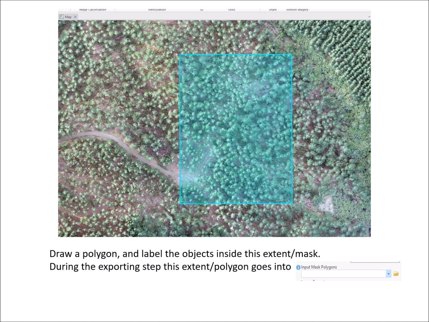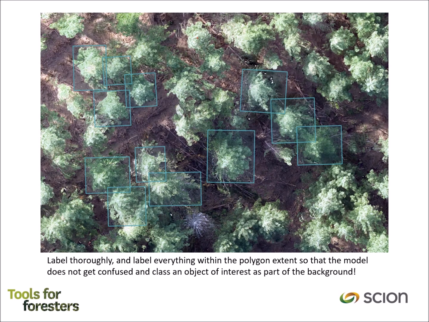And during the exporting step, this main polygon goes into that little dialog parameter box which says input mask polygons. So, just to reiterate, label thoroughly, label everything within the polygon. Do not leave out any part of the tree, even if it has some ground or background; include that with your training data.